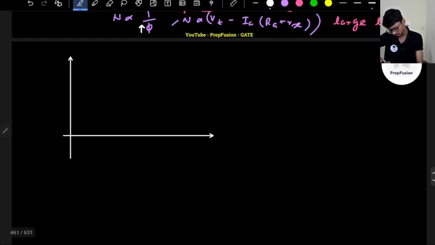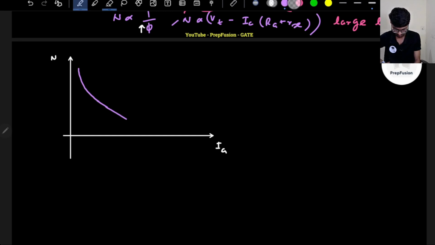So the speed versus load current graph will be somewhat like this. It will be a rectangular hyperbola initially, then it will be linear.